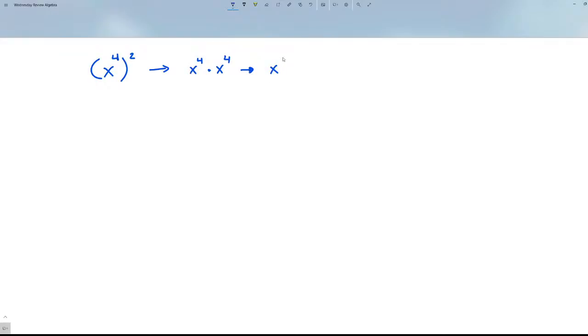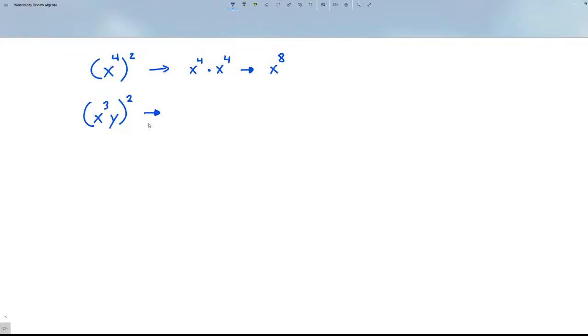So that's x to the 8th. And if we had just multiplied 4 times 2, we would have gotten the same answer. Let's make it a little bit more challenging. Let's actually include a second variable. This time I'm just going to use y. And again, I'm going to square it.